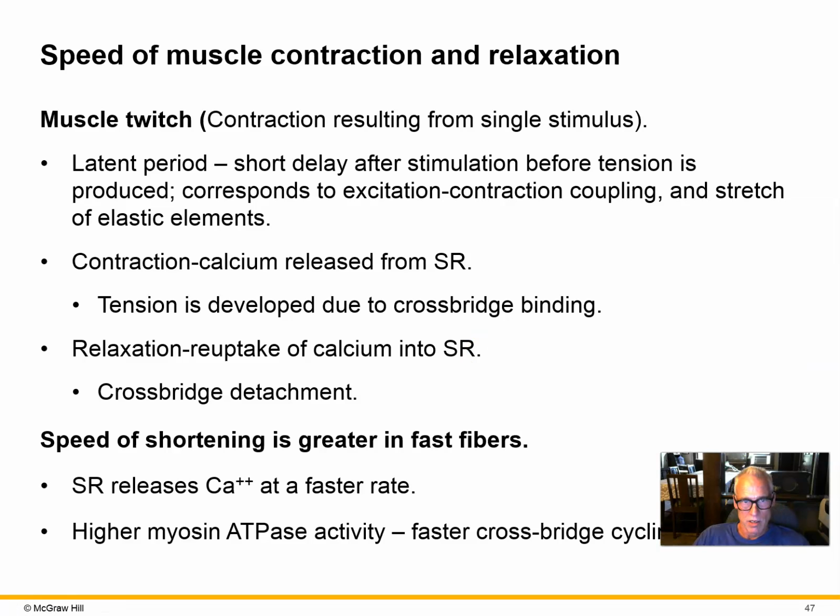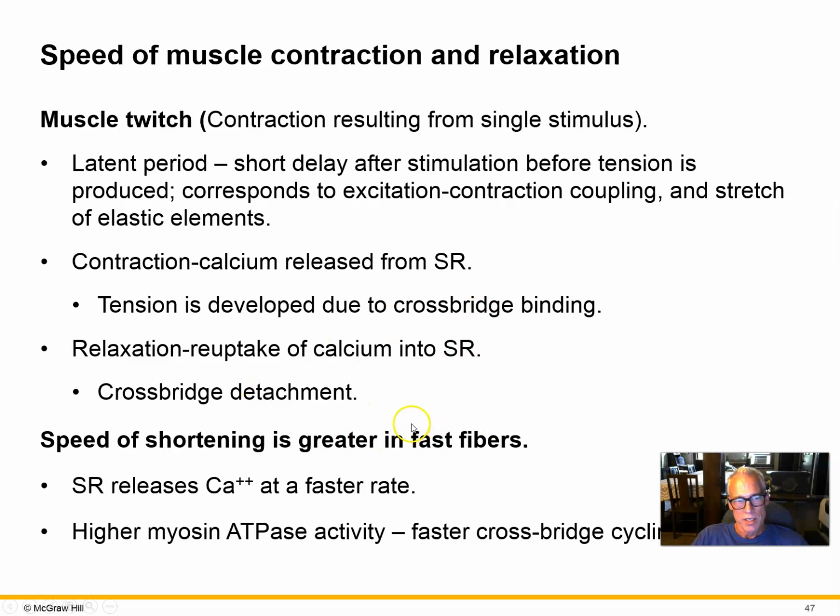Cross bridges will cycle, and then, very quickly, the acetylcholine release will end. It'll be destroyed in the synapse by acetylcholine esterase. Calcium will be pumped back into the sarcoplasmic reticulum. Troponin and tropomyosin will return to their resting state, and cross bridges will not be able to attach. So that'll produce one little blip of tension.